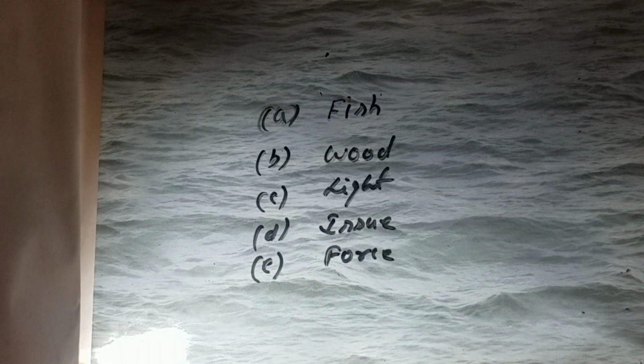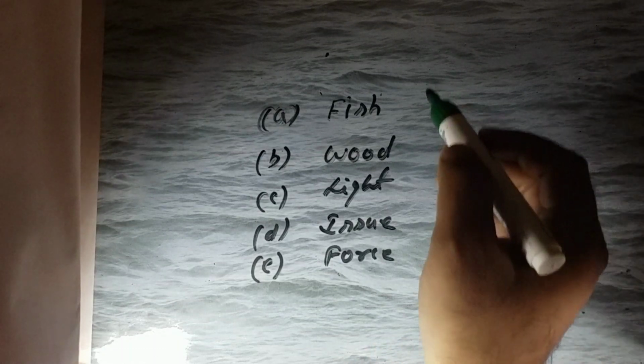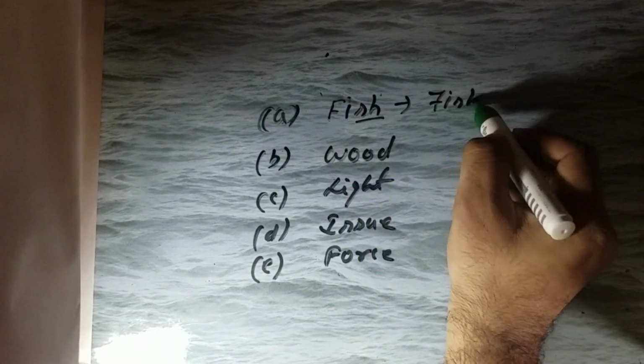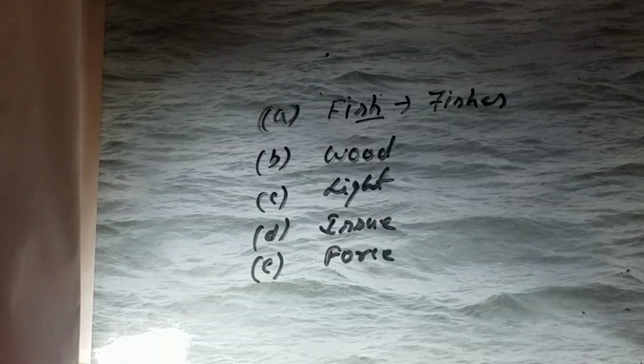Okay, first 5. If you are going to change the word fish into what? The plural form will be what? Fishes, no doubt. Because the word which ends with sh, o, double s, ch should be added es to make it plural.